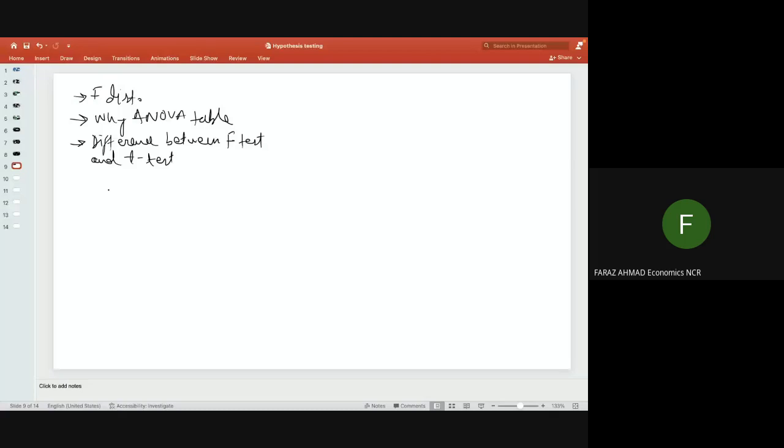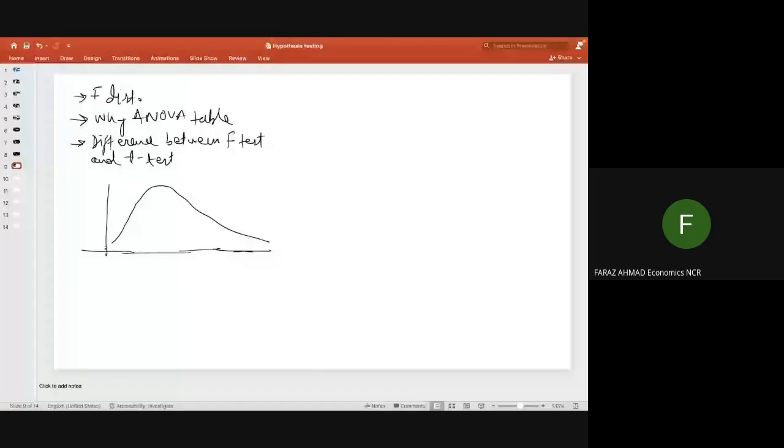Basically, the F distribution is skewed to the right. It looks like this, right? And we are starting from 0 in the F distribution, so we don't have negative values. So the F statistic is always positive.